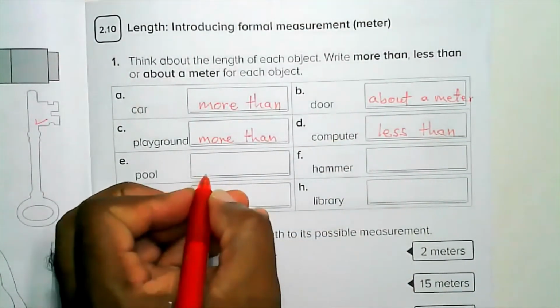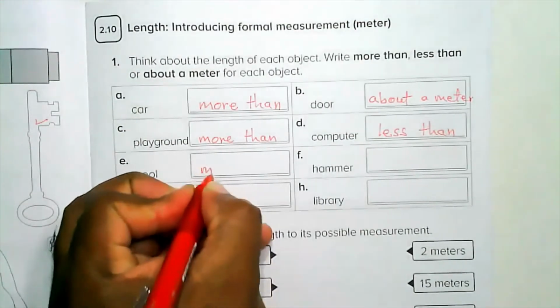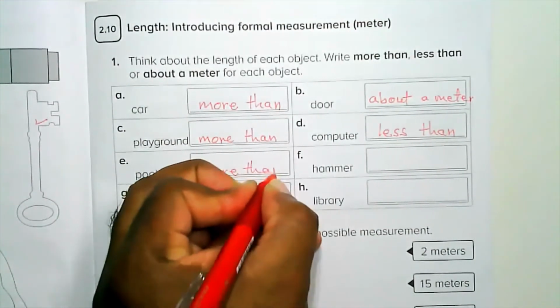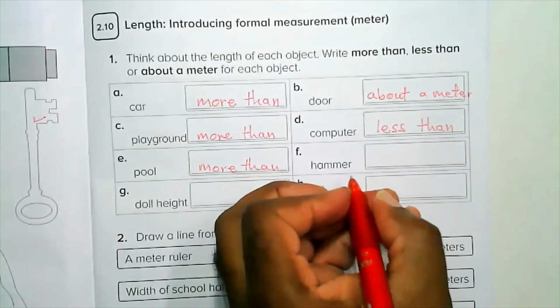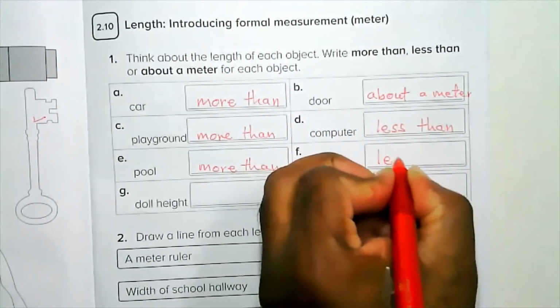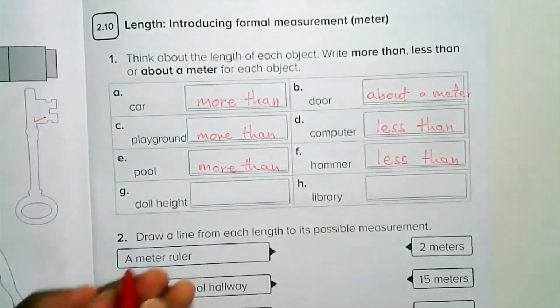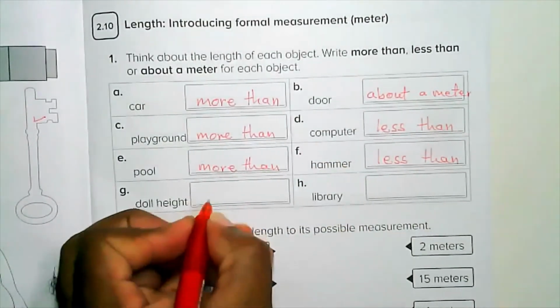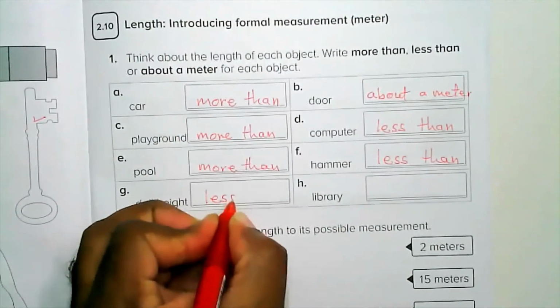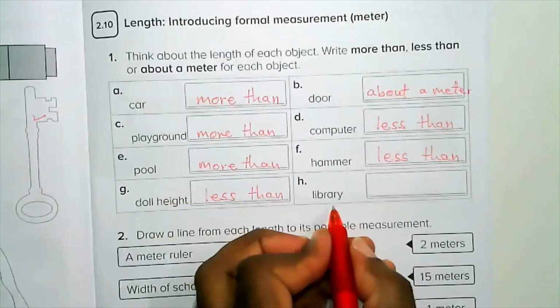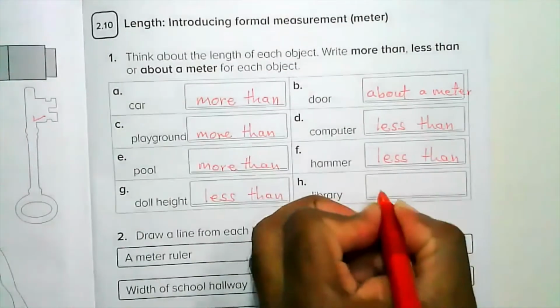Pool. More than. Hammer is less than. Doll height, less than. And the library is more than.